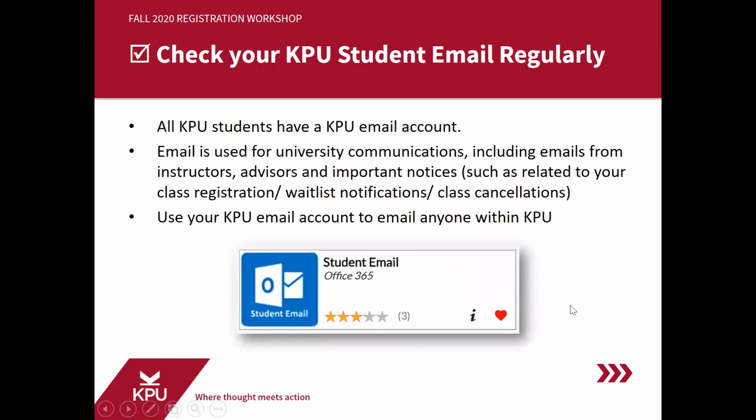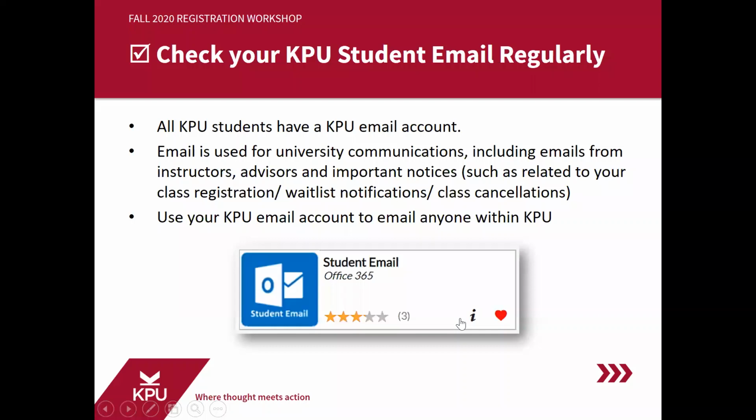Okay, so on the one.kpu.ca website, as you can remember, one of the apps is student email. When you have clicked onto it and logged in, then you'll be able to use your student email. All KPU students have a KPU email account, and it is very, very important for you to keep checking that email because there will be a lot of communications from the university to you, including emails from instructors, from advisors, or any important notices related to your class registration.